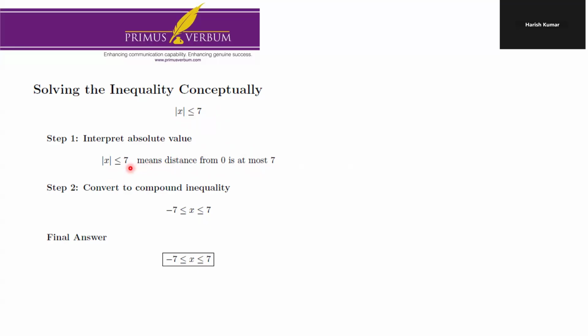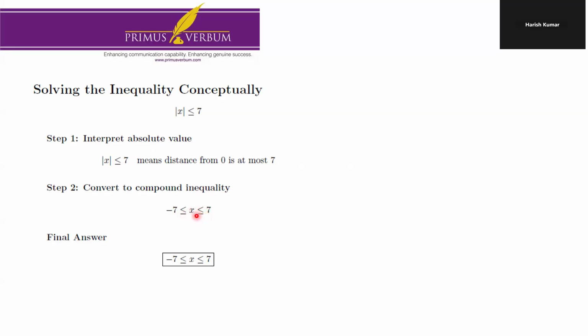So it means the distance of x from 0 is at most 7. If that is the understanding, then we can write it like this. The distance of x is 7 units from 0.